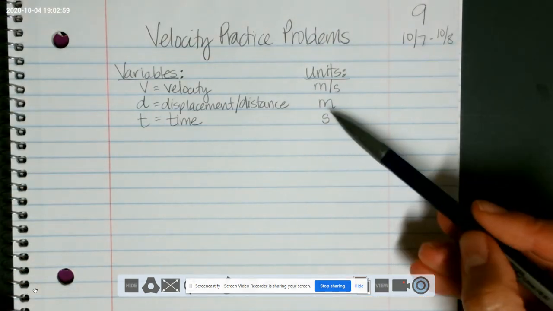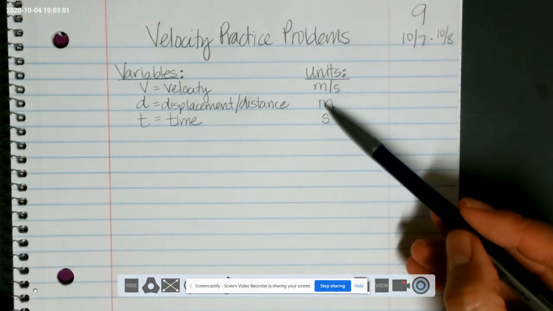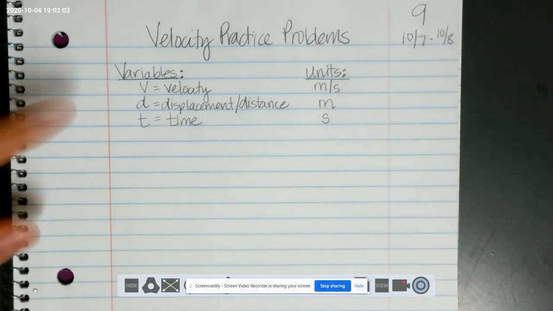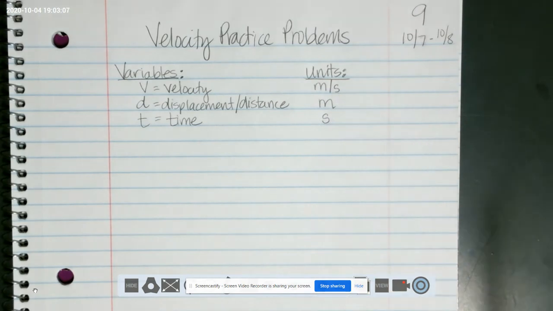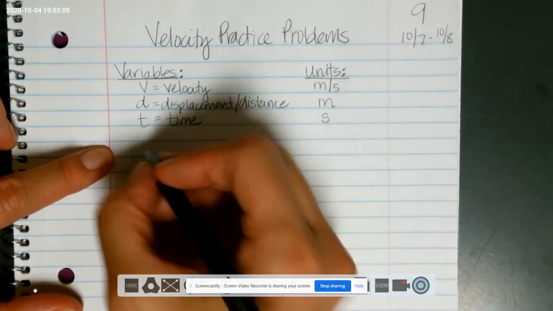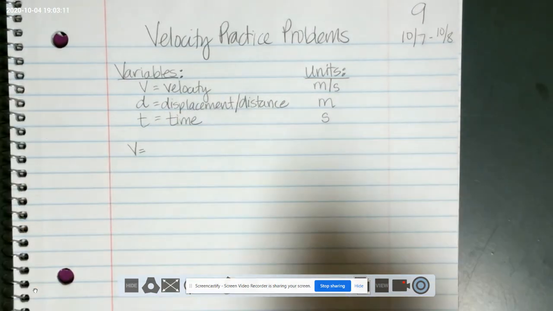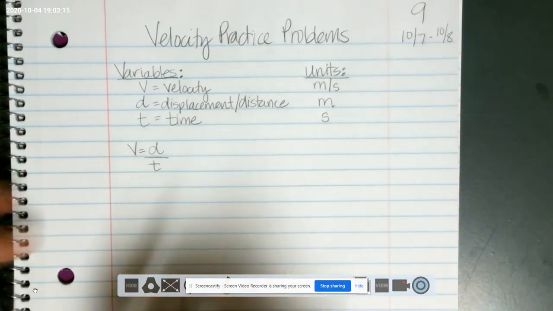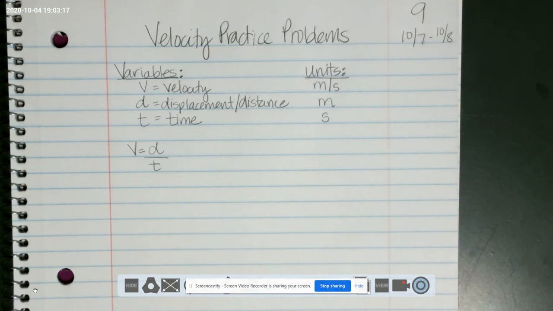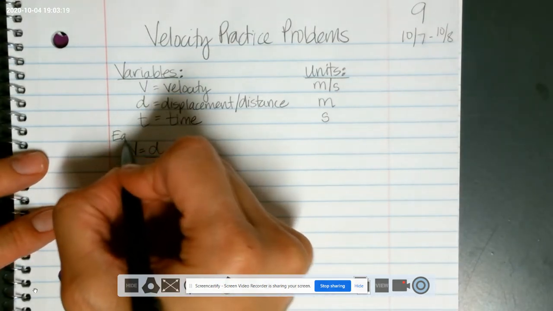So if we divide meters by seconds, we get meters per second. That might give you a hint that velocity, which we've done before, is a distance or displacement divided by time. So that is going to be our equation.